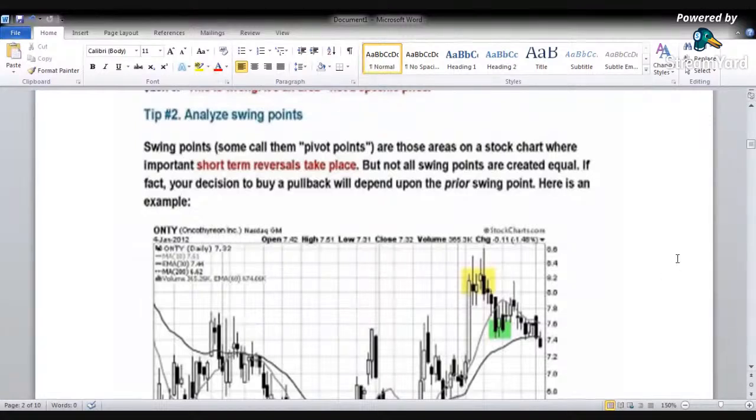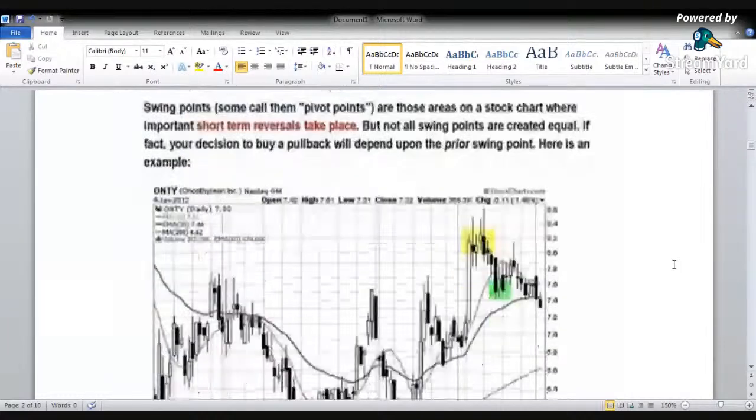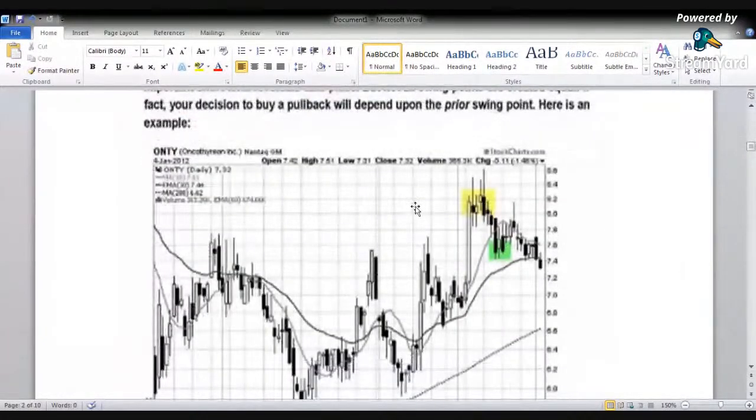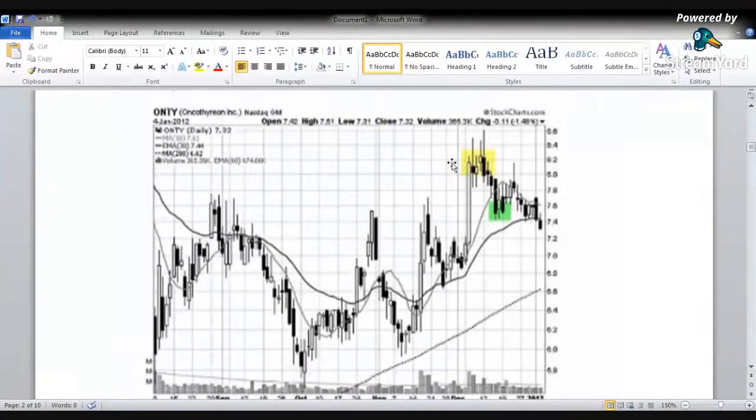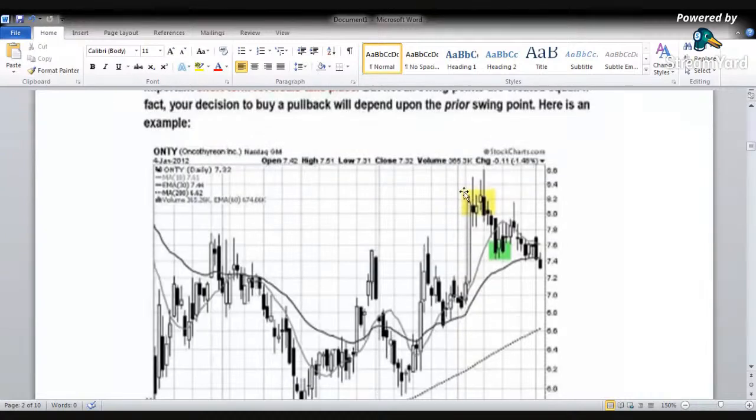Your decision to buy a pullback will depend on the prior swing point. So, for example, here, this is the price action chart. This becomes resistance, the yellow highlighted line, and the bottom is the support.